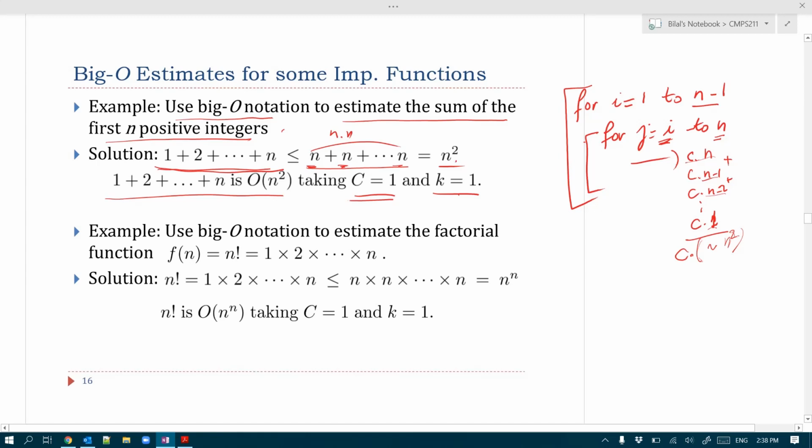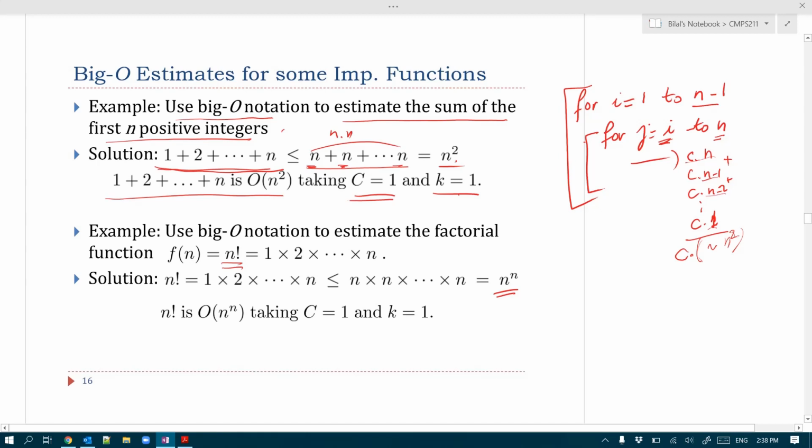We can also prove that when the function is the factorial function, then this is big O of n to the power n. It's dominated by n to the power n, and the same trick can be applied here.